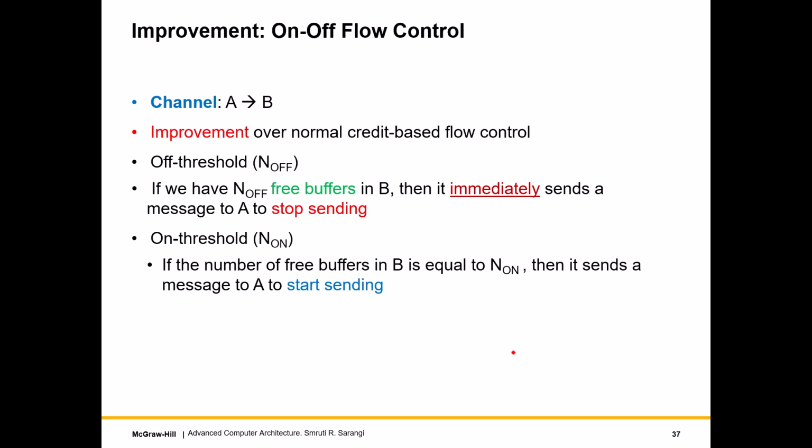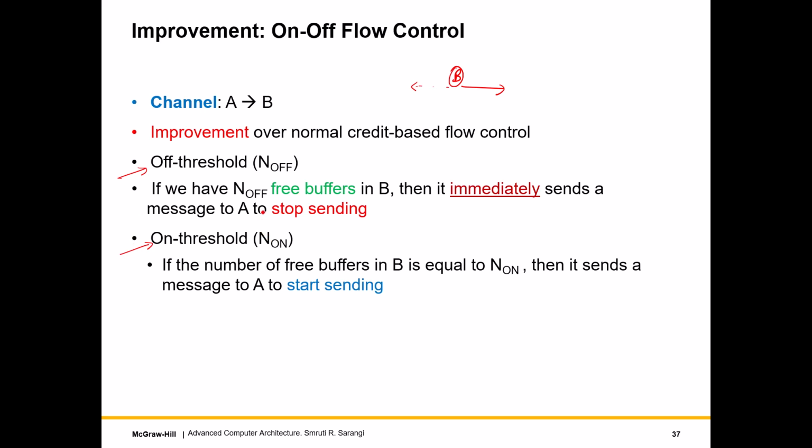Of course an improvement is possible over here, it's called on-off flow control. The idea is that whenever a flit was sent from B, a credit was also sent back. So we are essentially doubling the number of messages, and that's not a good idea. It's much better to work with two thresholds, namely the off threshold and the on threshold.